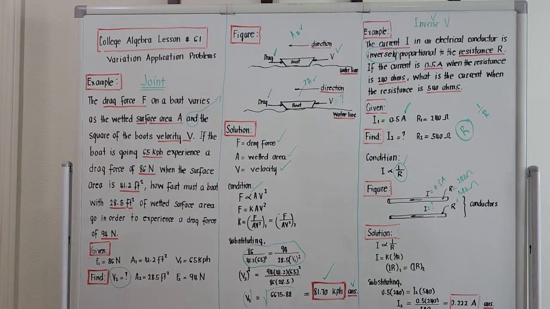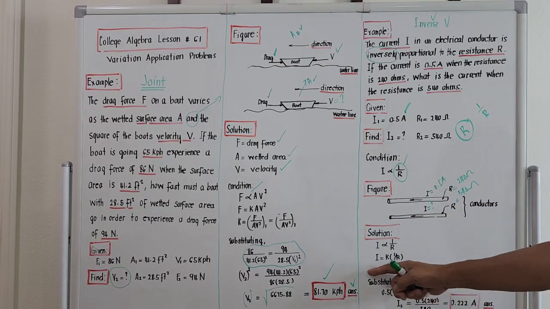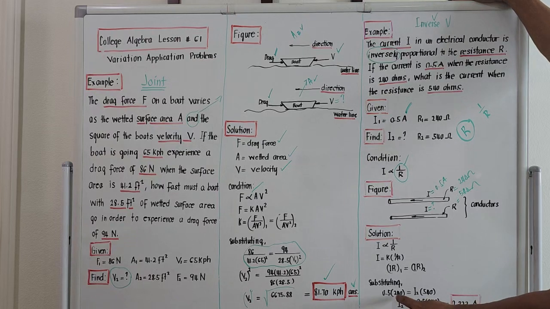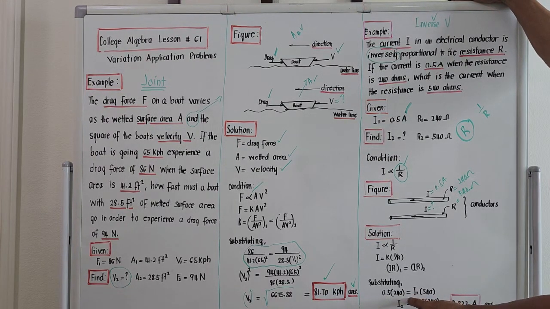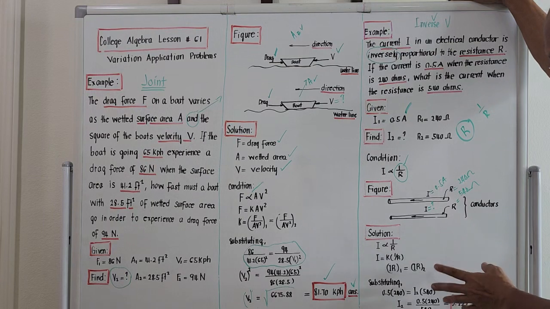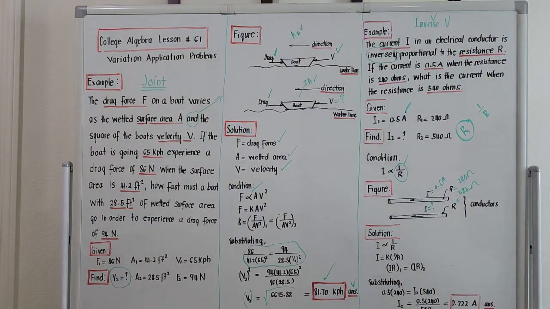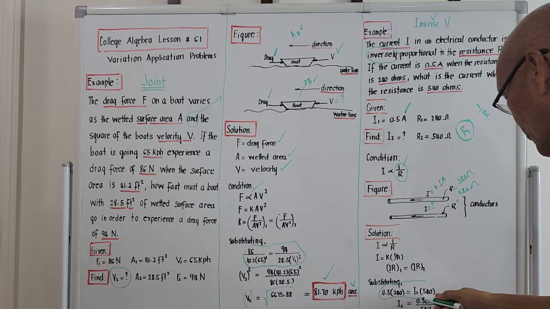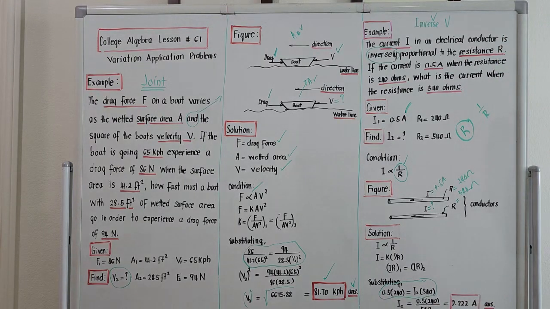We are given condition number 1. We are given condition number 2, except for the unknown. So substituting values, I1 is 0.5 ampere, R1 is 240, and they should be equal to I sub 2, the current at condition number 2, for the second figure, when the resistance is 540 ohms. Again, we are given a linear equation in which the unknown is not x, it's I sub 2.